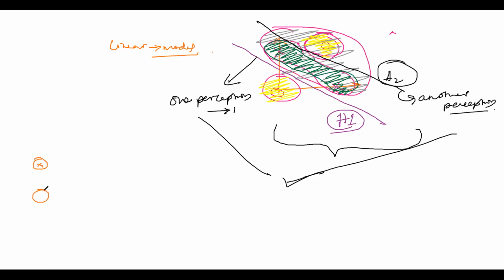There are two perceptrons, so this goes over here, this goes over here, this summation, then this is output one or hyperplane one, then this is another one.